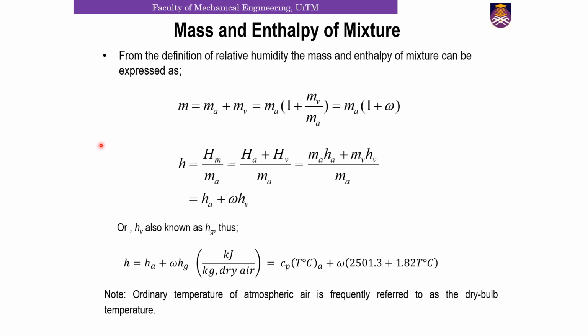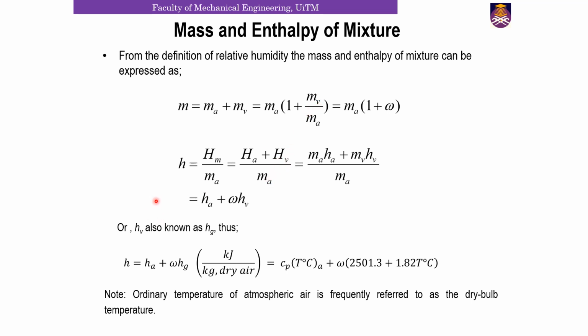So this is the enthalpy. For the enthalpy, you can use the same relationships again, right? And then if you change your enthalpies for your dry air and your moisture, this will result in this formula. And then if you cancel out the dry air mass with this, that will result in Ha. And then this mv over ma is nothing but your omega.